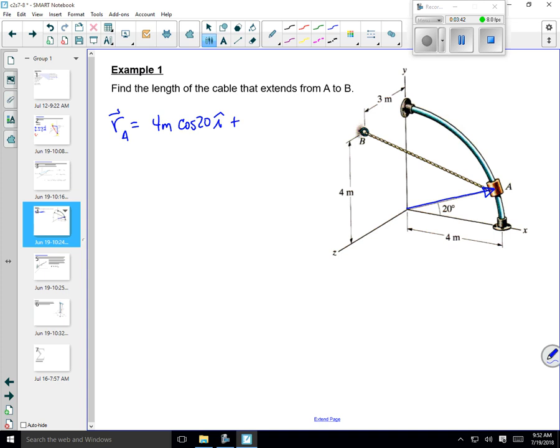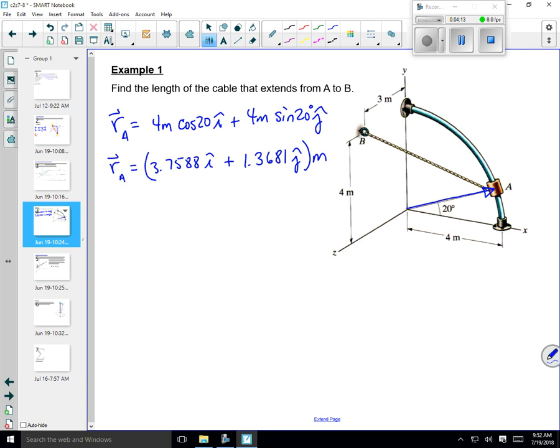And its j component is going to be 4 meters times the sine of 20 degrees. I can break out my calculator and calculate these numbers. This is 3.758 and 1.3681. And all of that is meters.